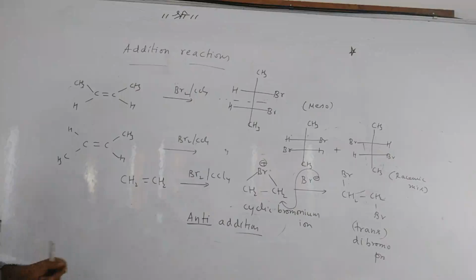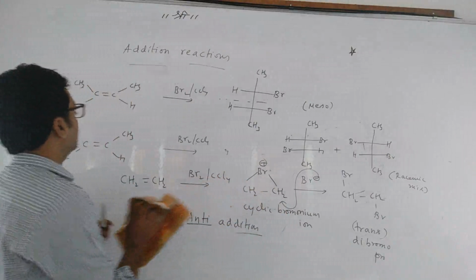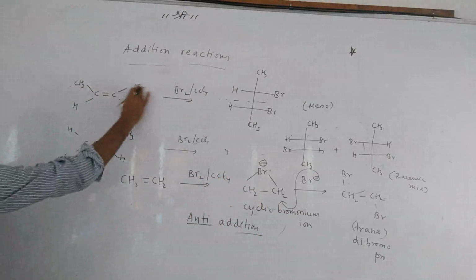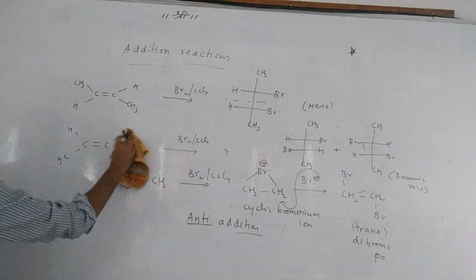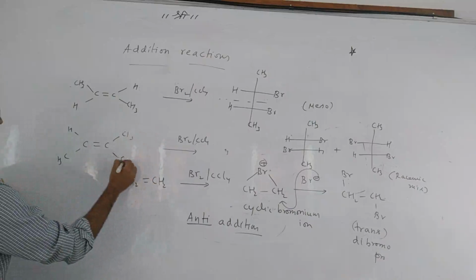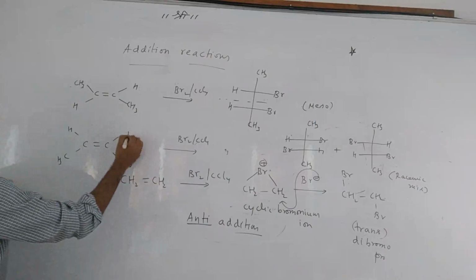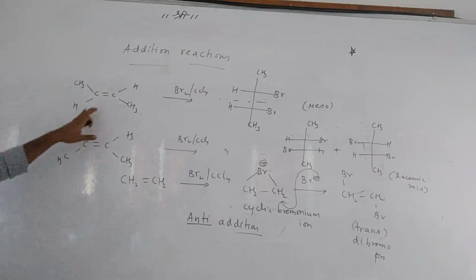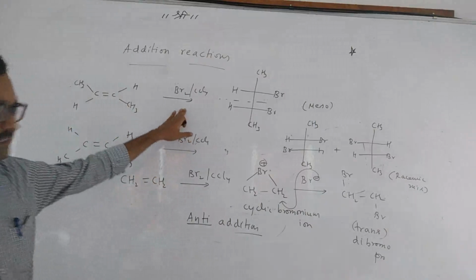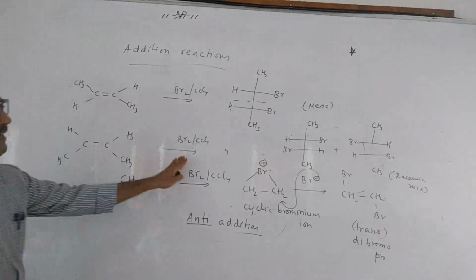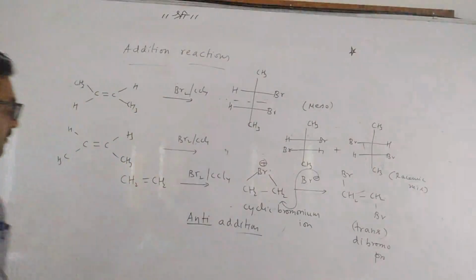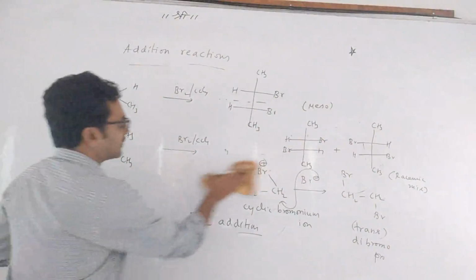I wrote it in reverse, don't worry, wait. Change it here. So if you take a trans alkene and anti-addition, the product is meso. If you take a cis alkene and anti-addition, the product is a racemic mixture. I will give you the tricks.